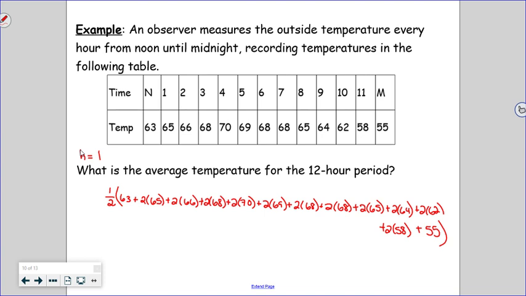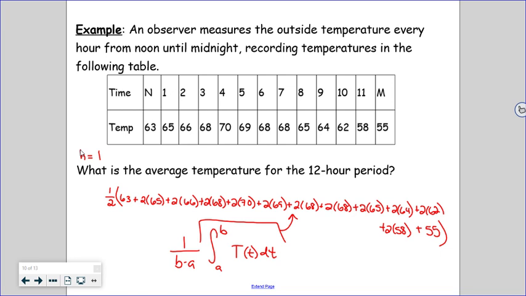Remember that if we want the average of a function, yeah, we need to do that 1 over b minus a times the integral. Now this is what we're doing, 1 over b minus a times the integral from a to b of our function T of t dt, okay? This part of it we are approximating using trapezoids.